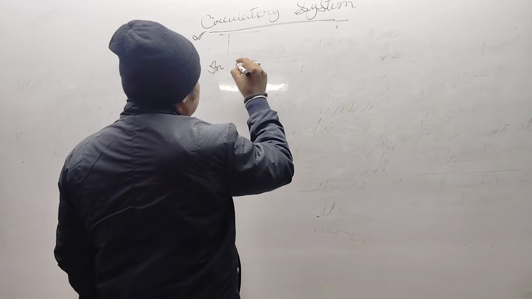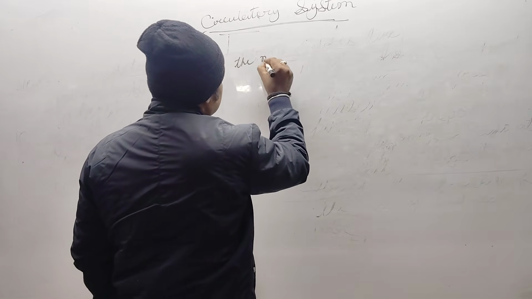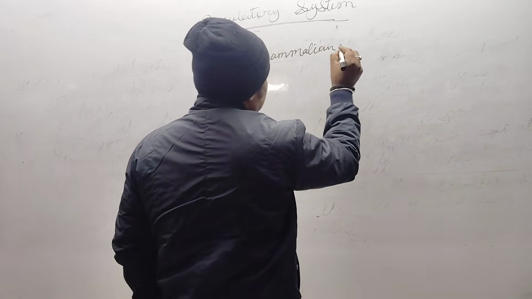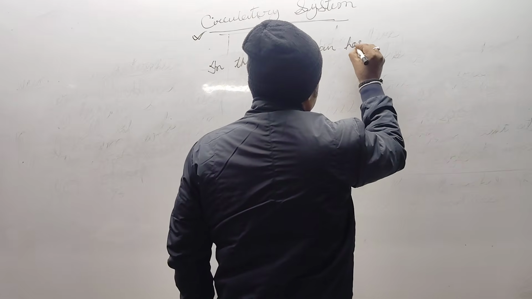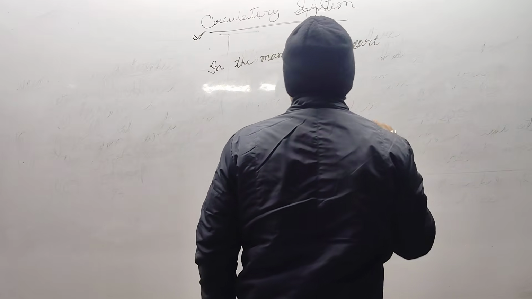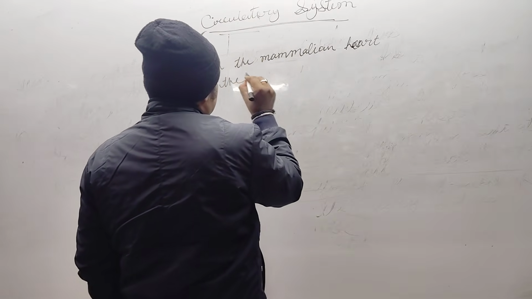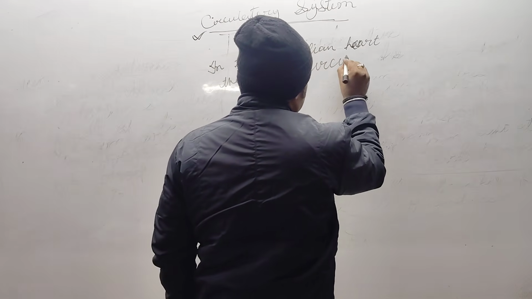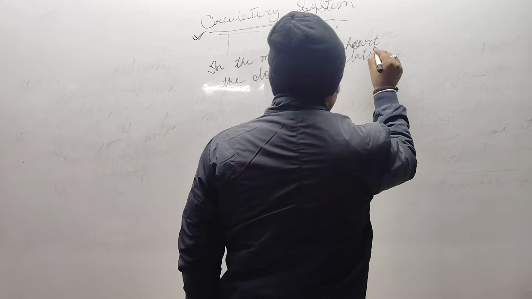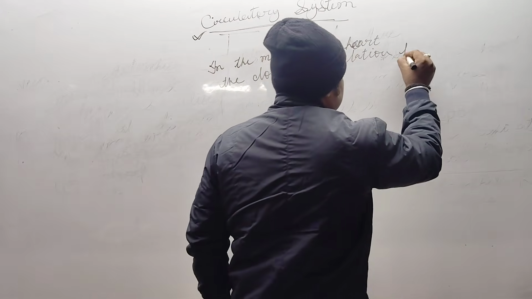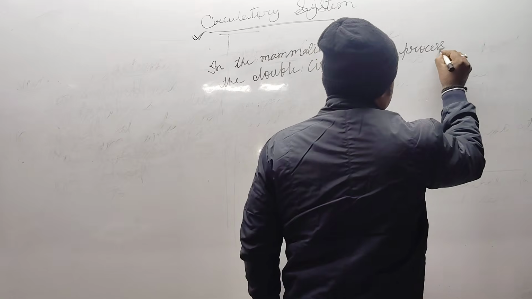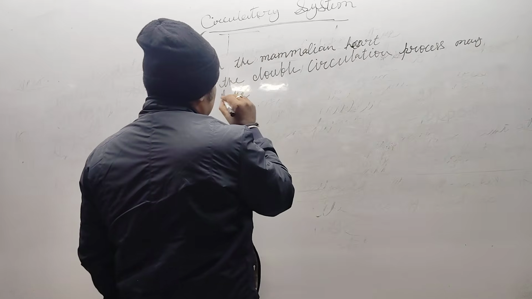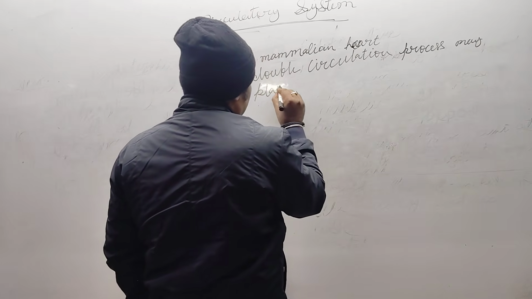So we can say that in the mammalian heart, the double circulation process may take place.